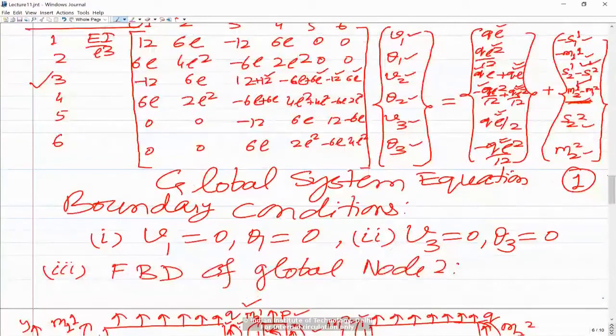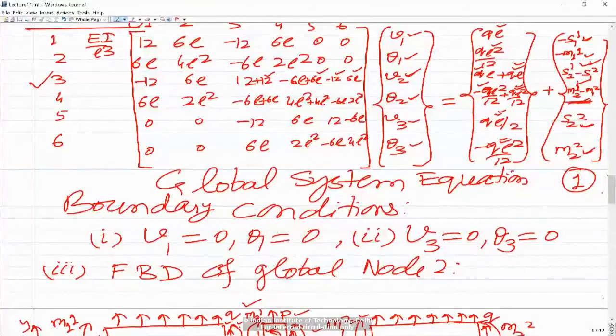Now once we know these, if you count the number of unknowns, the unknowns are V2, theta 2, and then S11, M11, S22, and M22, because the V and theta corresponding to the supports are 0. So the unknowns are 6: V2, theta 2, S11, M11, S22, and M22. So there are 6 unknowns and 6 equations, and we can solve them.